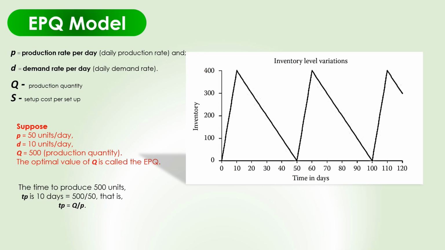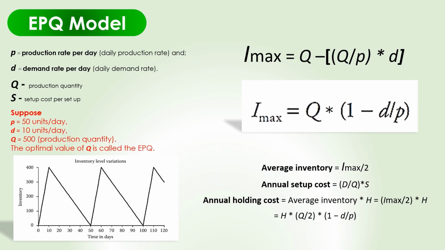Now, for the formula of the maximum inventory, or the IMAX, it is equal to Q less Q over P times D. Or if we analyze, this is the production quantity less the time to produce the production quantity multiplied by the demand rate per day.